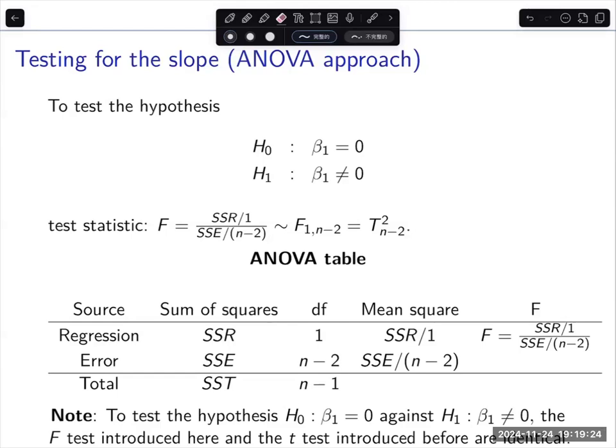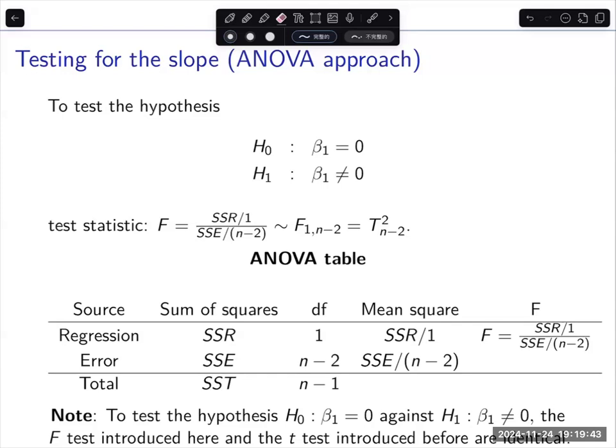This quantity happens to be the square of the t statistic we proposed previously for beta 1, with n minus 2 degrees of freedom. And you may wonder why we propose the F statistic rather than the t statistic before.